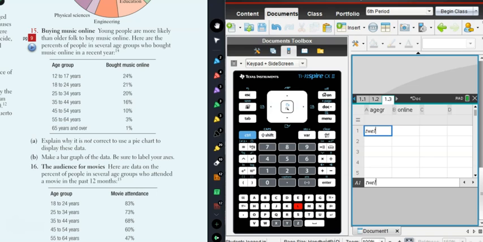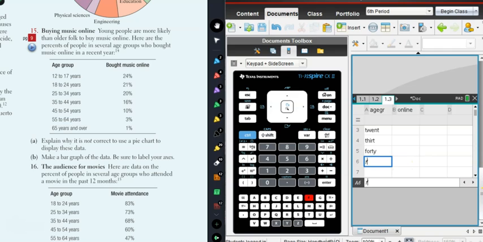So I'm going to do this as age group 12. I'm going to do the bottom of the age group, and I'll show you why in just a second. So 18 to 24, 25 to 34, 35, and I'm just choosing random names for this. You can't use numbers because it actually tries to store variables.